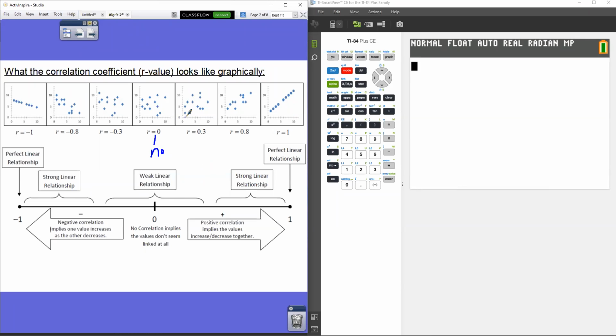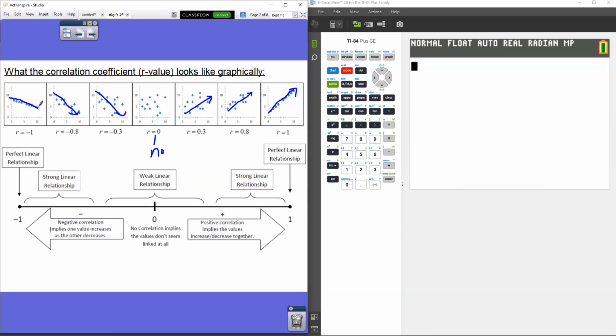As we get more and more positive, closer to 1, the dots get closer and closer in a line. These dots are going up. You can tell it even better. And then these dots almost form a straight line at 1. These dots are going down, but they're getting closer and closer together.